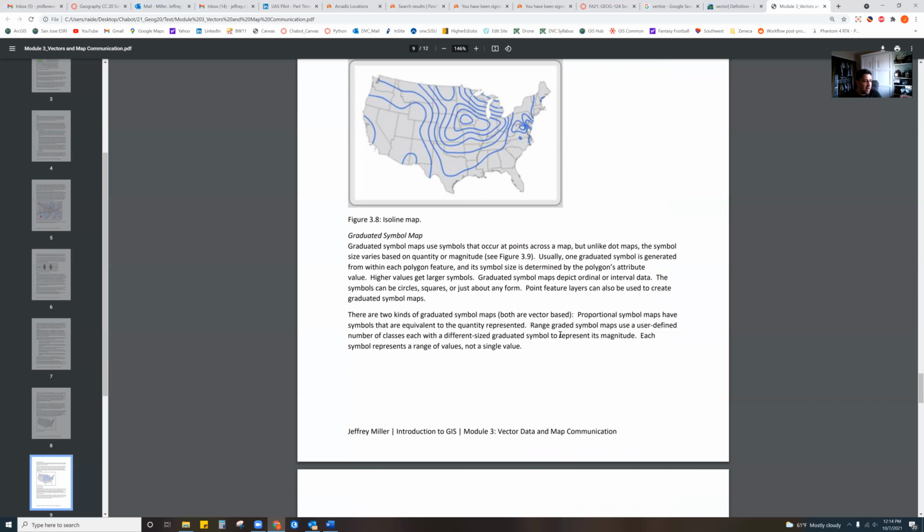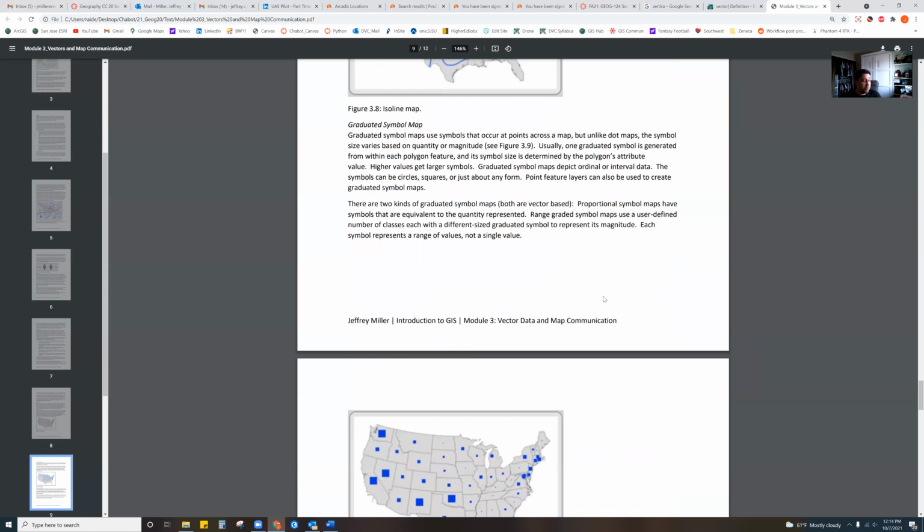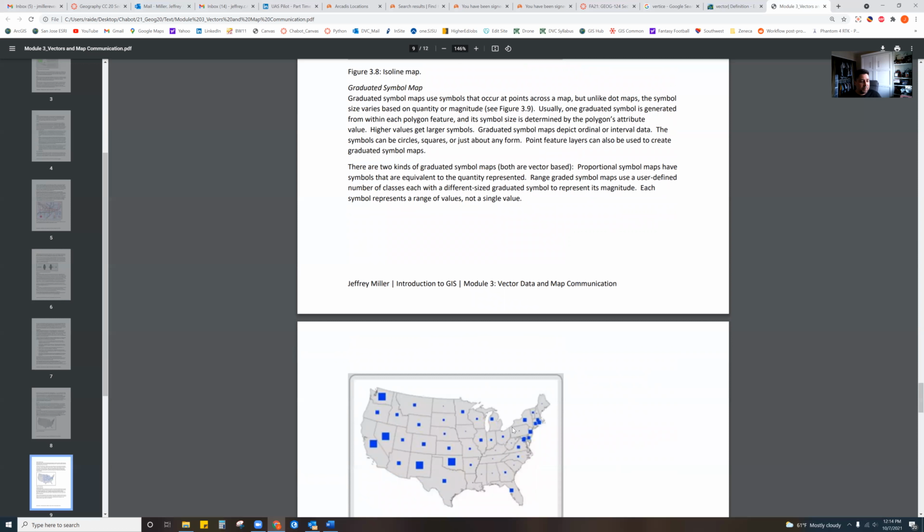Next, we have graduated symbols. This is similar to what we were talking about earlier. Look down here. Except in this instance, we have one specific dot within, let's say, the states here. And again, maybe it is fast food.